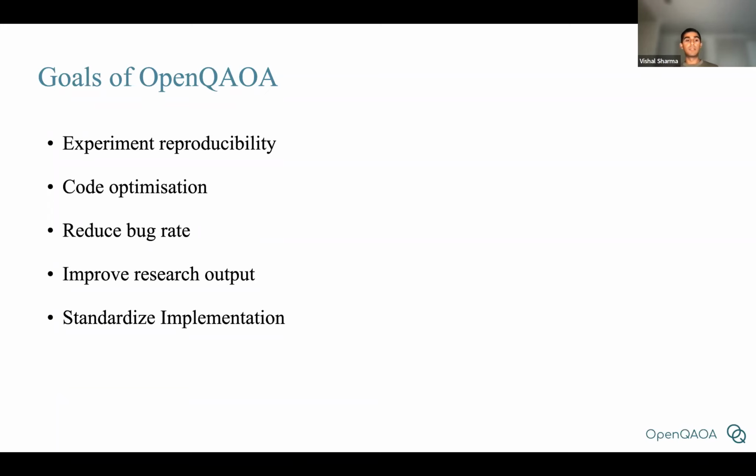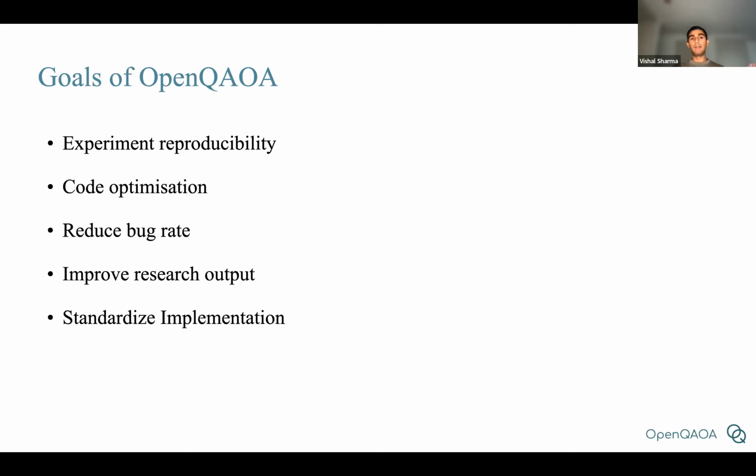Standardized implementation. In QAOA, the original paper presented the QAOA problem as a maximization problem because they encode the objective function a bit differently, and some people like to solve it as a minimization problem where they encode the Z observables directly in the Hamiltonian. So if there's a standardized implementation of QAOA that is consistent throughout, it also helps with research.